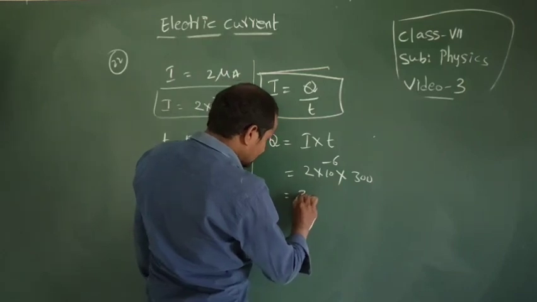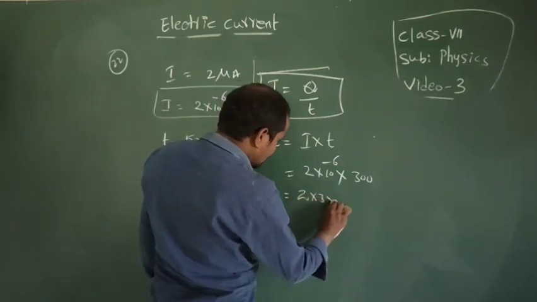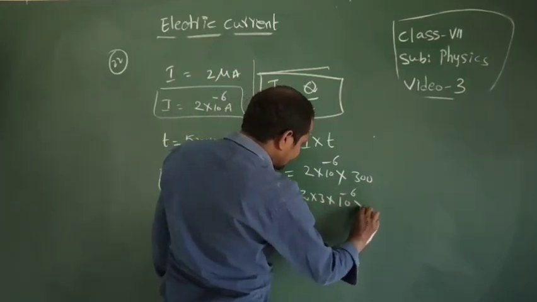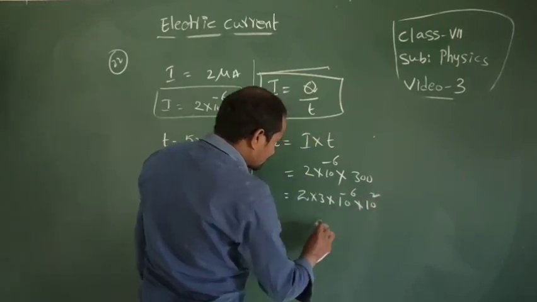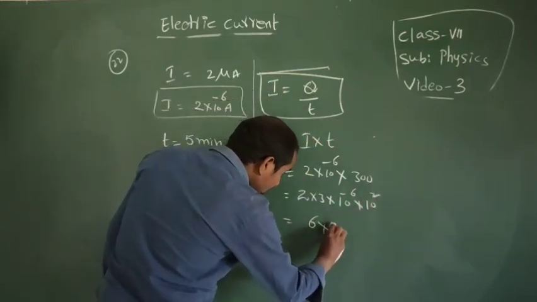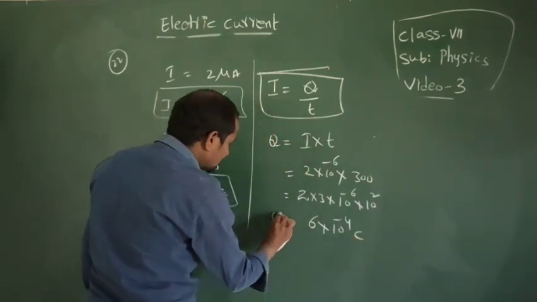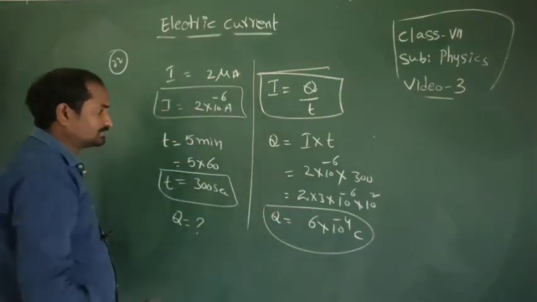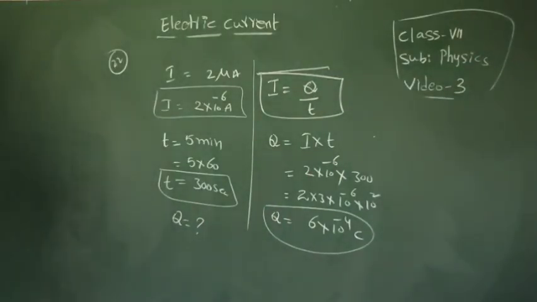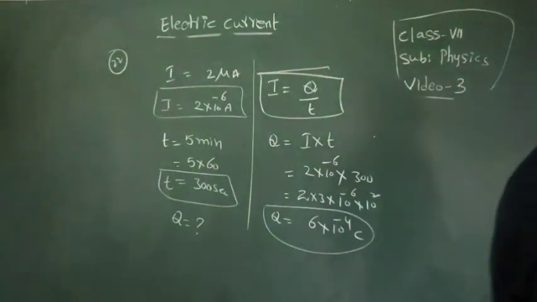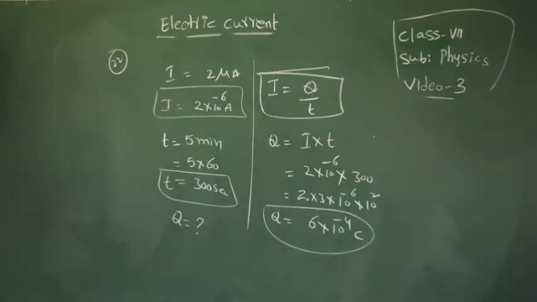We can write 2 into 3 into 10 power minus 6 into 10 power 2, that equal to 6 into 10 power minus 4 C. It is the Q value. Q equal to 6 into 10 power minus 4 C.